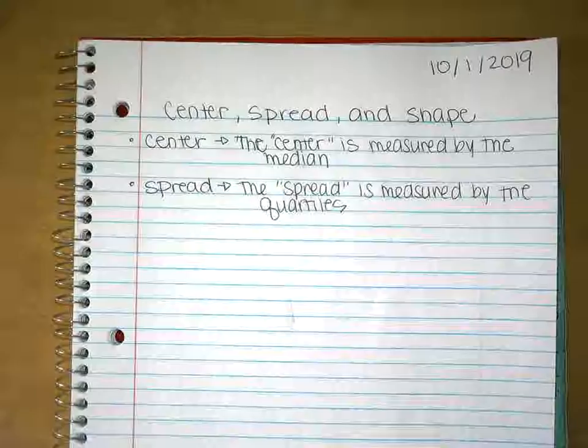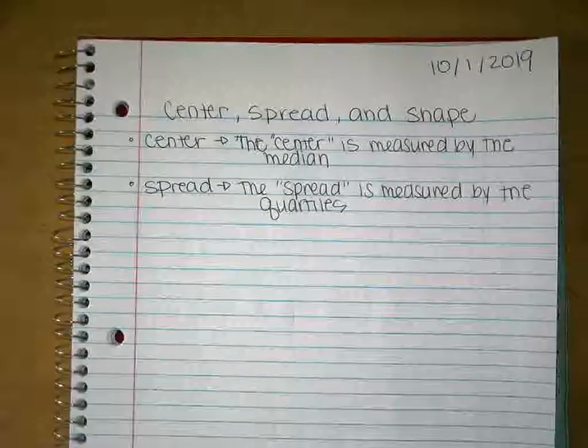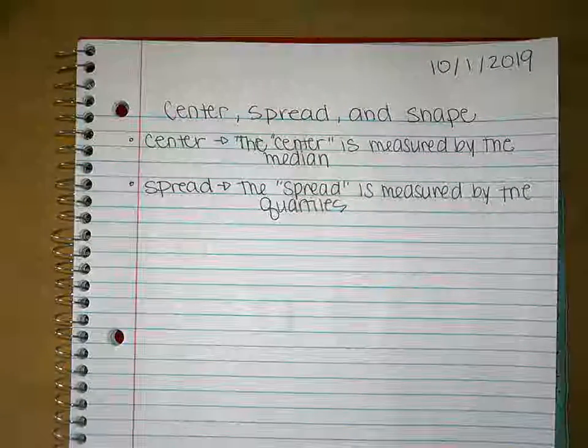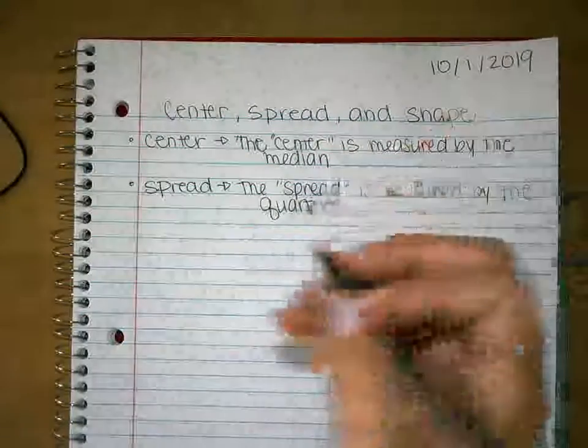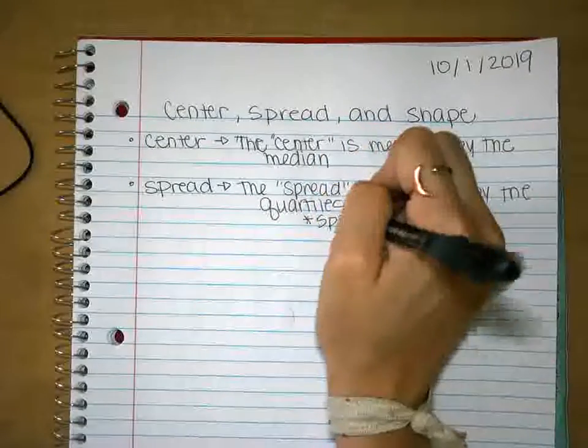Now if you remember back to box and whisker plots, those are quartiles. The 4 quartiles of a box and whisker plot, they're spread out by the median, so it is your spread of numbers, how far apart they are spread apart. So we'll put spread apart down below.